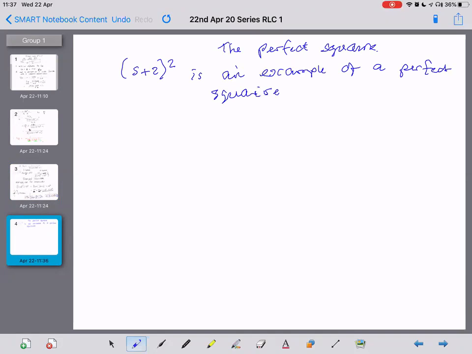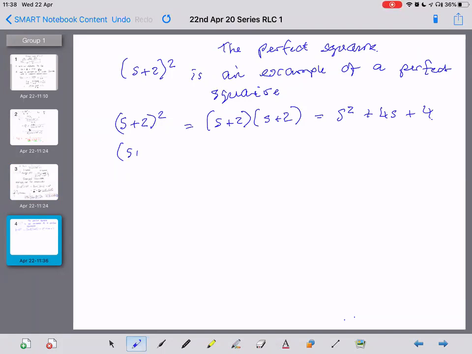We've got a variable term plus a constant in brackets, and that's all squared. If we take (s plus 2) squared, that's (s plus 2) times (s plus 2), which is s squared plus 4s, and 2 times 2 is 4.